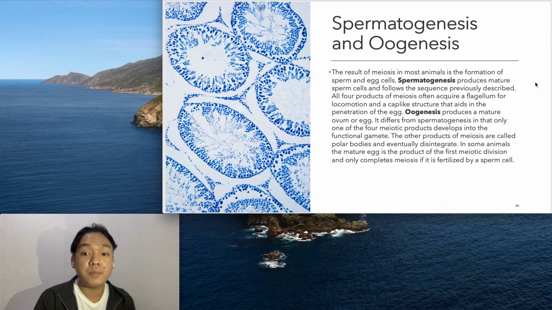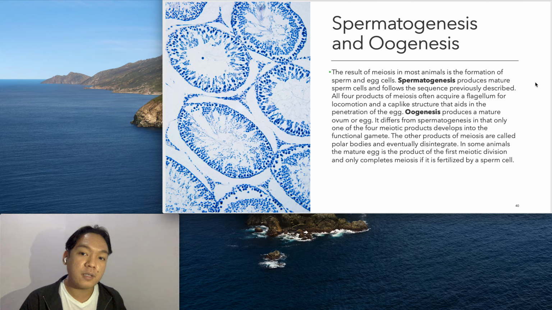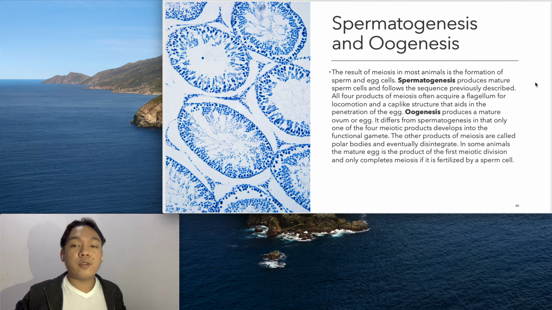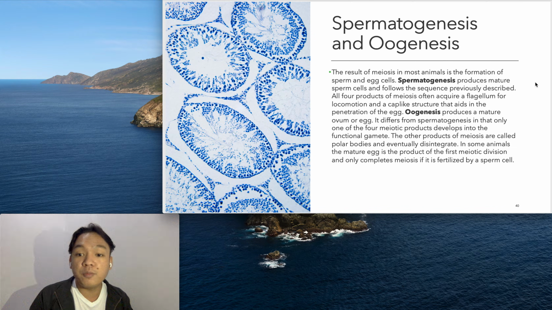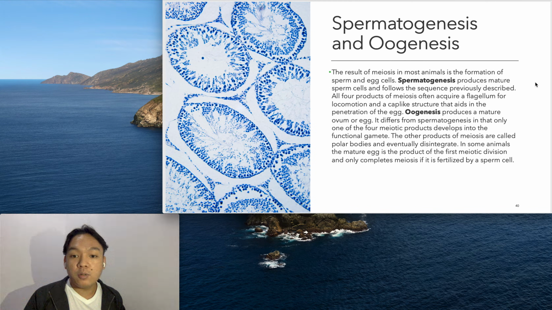And all products of meiosis require a flagellum for locomotion. So the flagellum, if you can still remember, is used for locomotion of the sperm cell. It's a quite long structure for movement, and there is a cap-like structure on the head of your sperm to penetrate the egg.